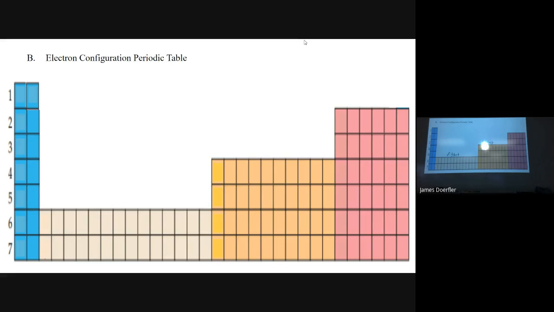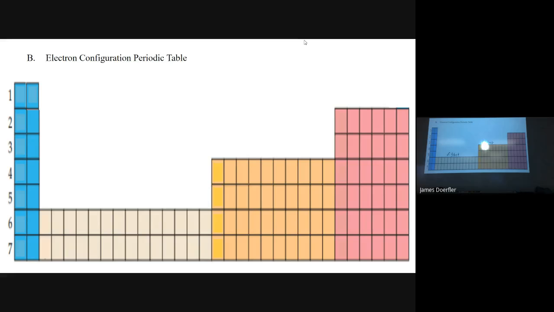Now, when it comes to numbering, and when I say numbering, I'm talking about the row numbers. So, as an example, 1s2, 2s2. So when it comes to those big numbers, the D block and F block change slightly. So, again, these big numbers are our principal quantum numbers.